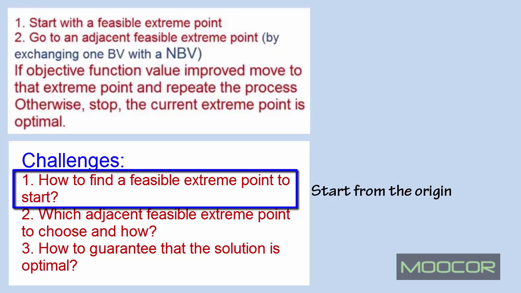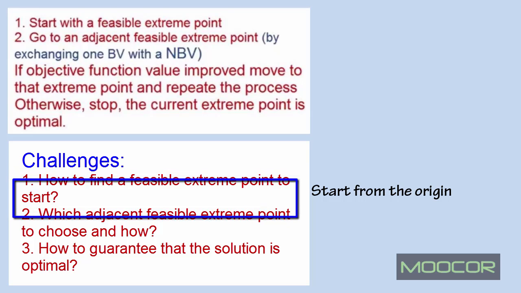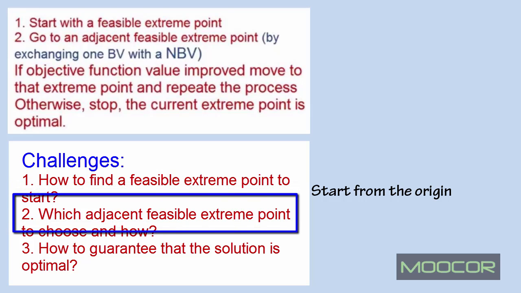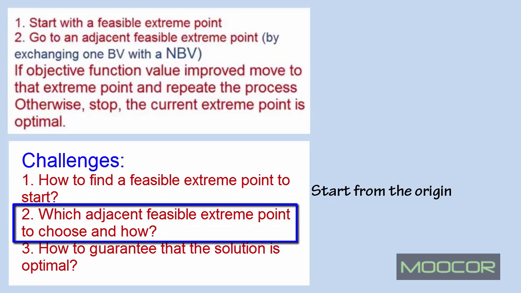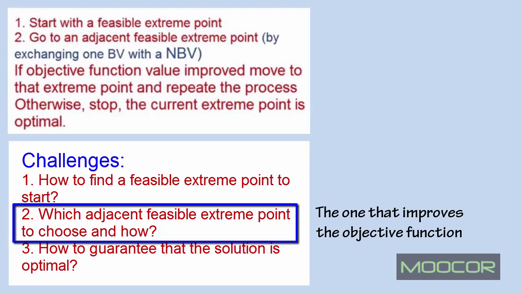Now, the second challenge that we had was which adjacent feasible extreme point to choose and how, and the one that improves the objective function was the answer for us, and that selection was through the min ratio.